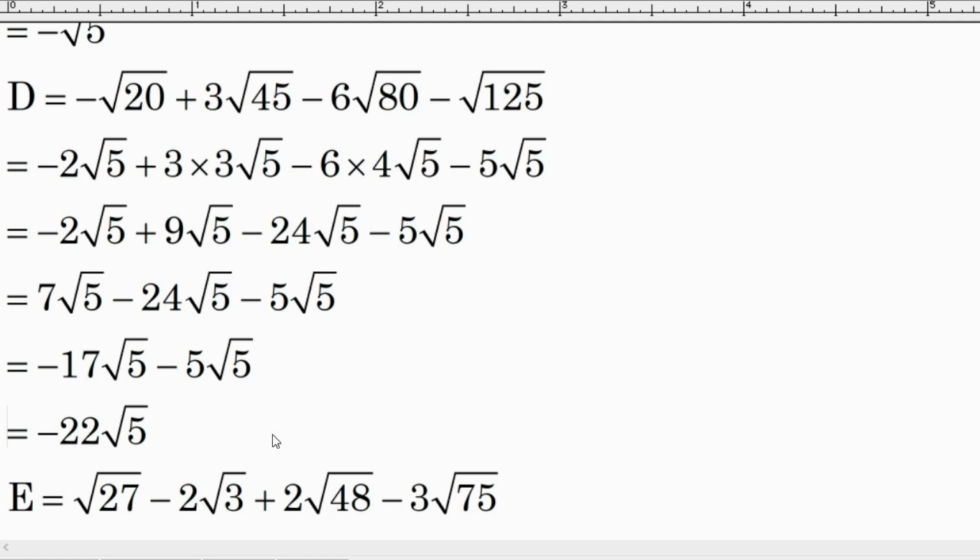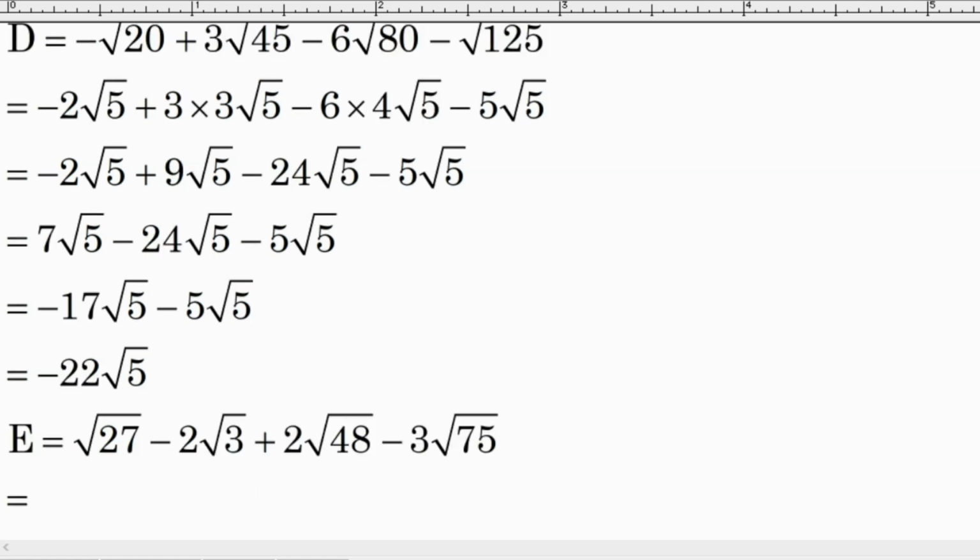Alright, so now we have to finish the last question here. So then let's finish it together. So now we have square root of 27, which could be written as 9 times 3.